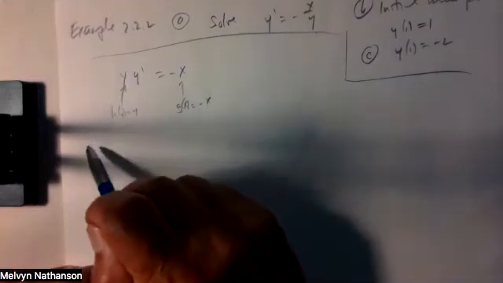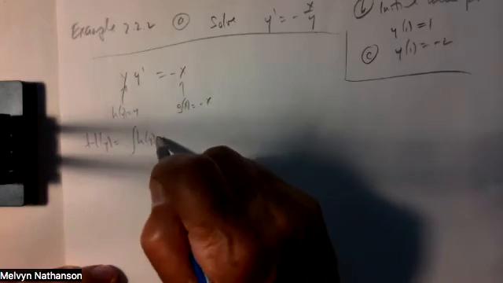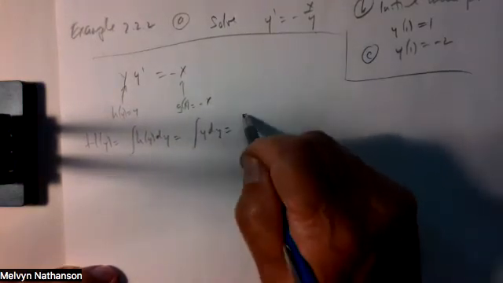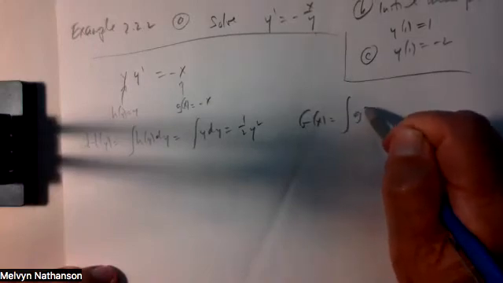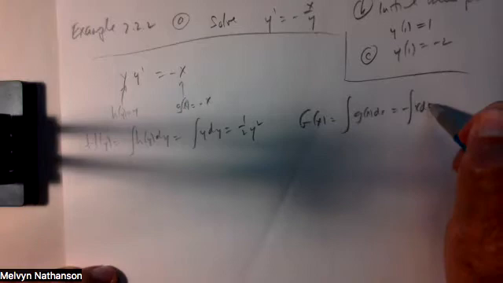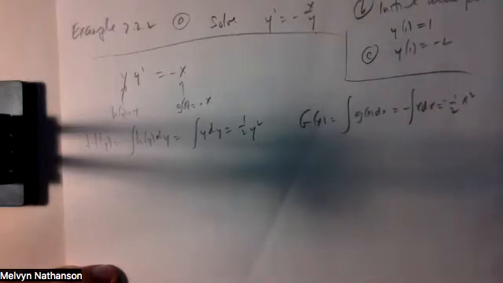Well, capital H of y, which is the integral of little h of y dy, is just the integral of y dy, a half y squared. And capital G of x is the integral of little g of x dx, which is the integral of minus x dx, which is minus a half x squared.